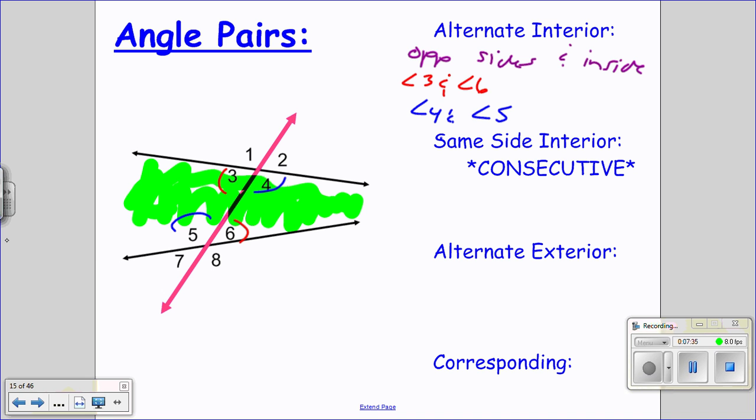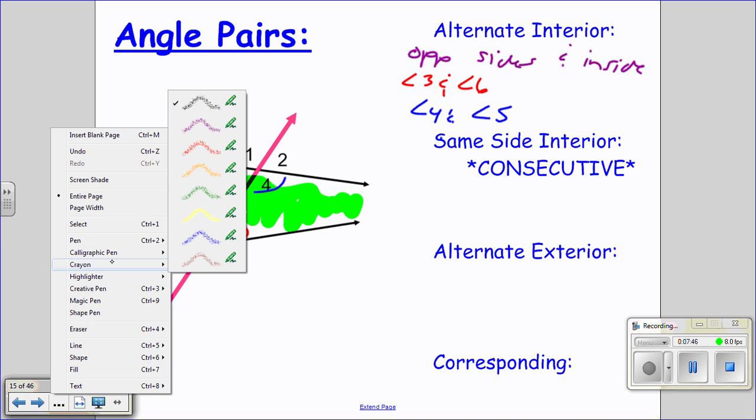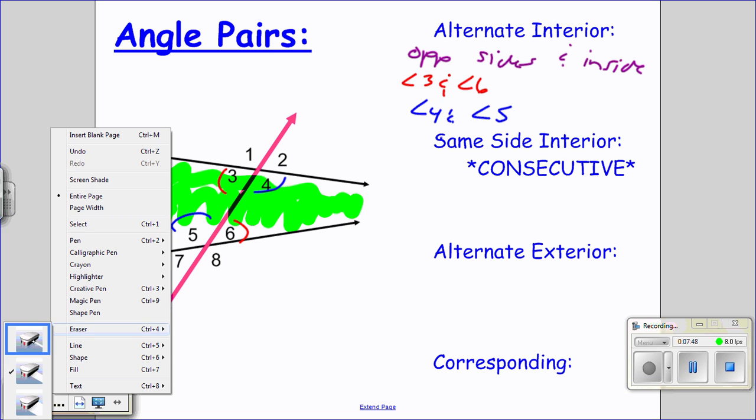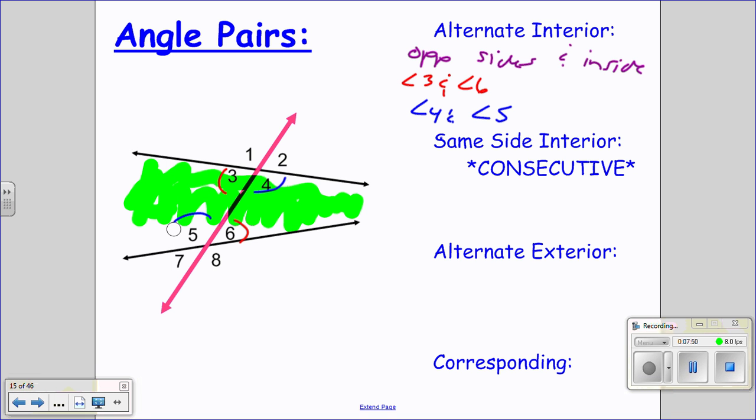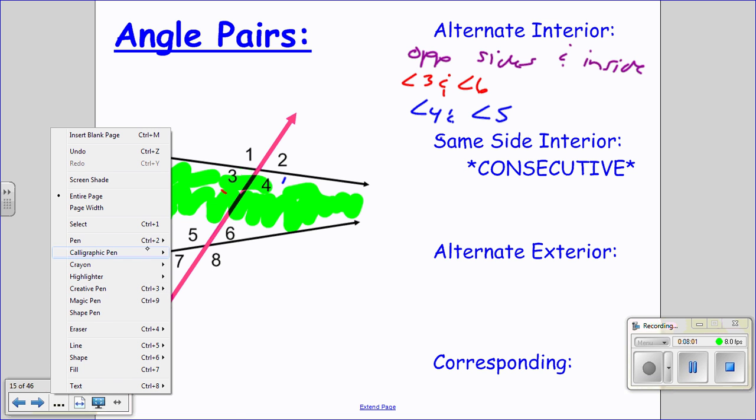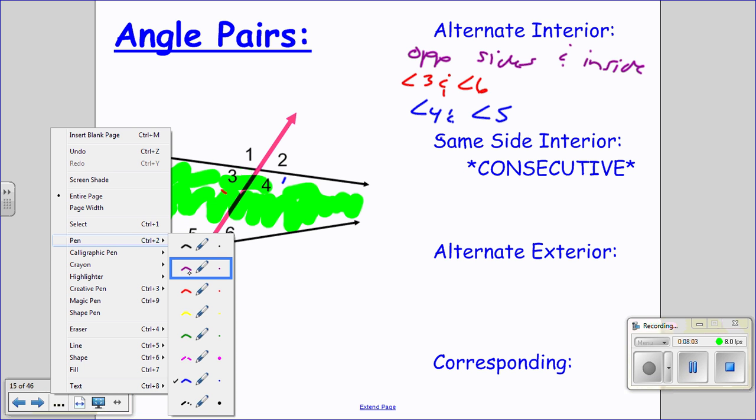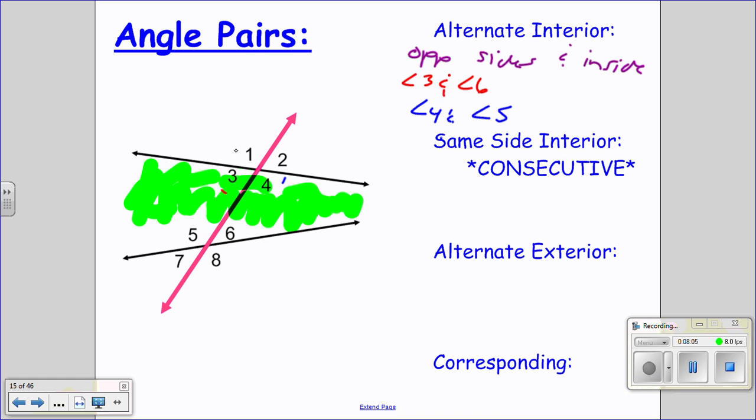All right. The next new word is consecutive, also known as same side inside. Same side inside. So again, we're still on the inside, the green region, in between the two lines, but we have to be on the same side of the transversal.